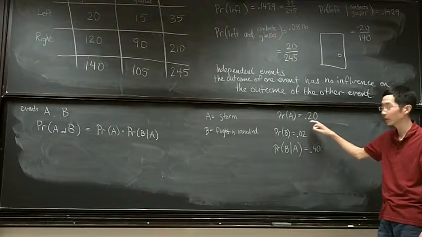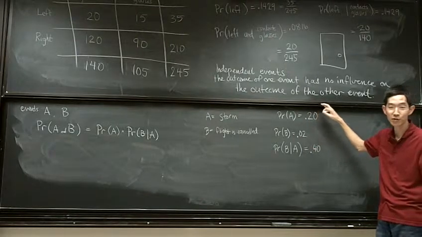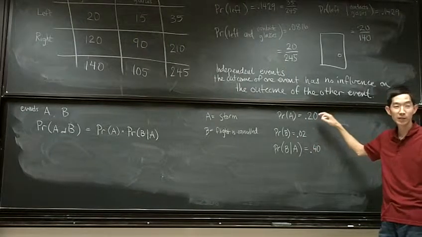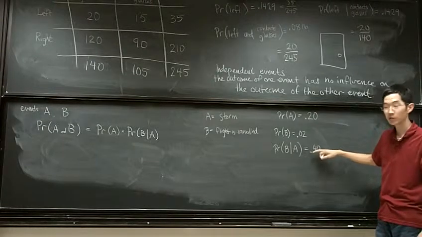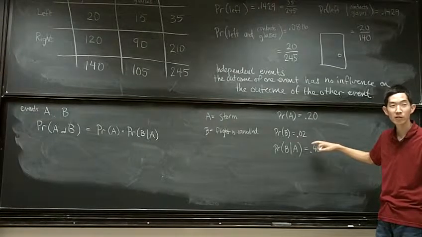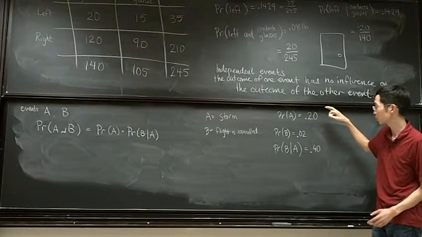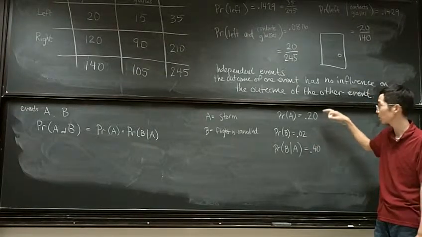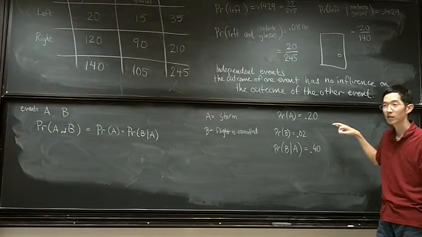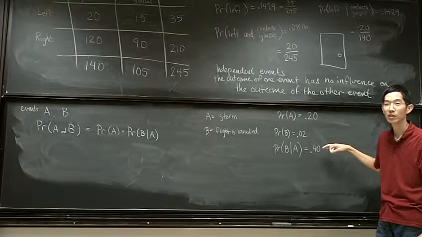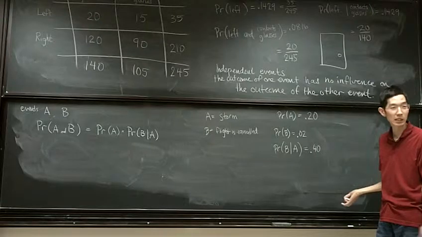Well, first we've got to say there's a 20% chance that there's a storm. And if there is a storm, what's the chance that my flight gets canceled? 40%. So what's the probability that there's a storm and then my flight gets canceled? It's going to be 20% times 40%, and I get a total of 8%.